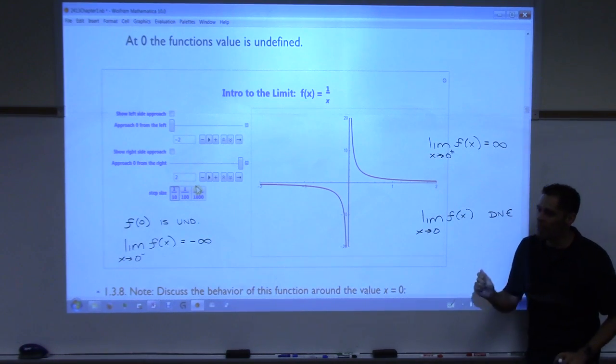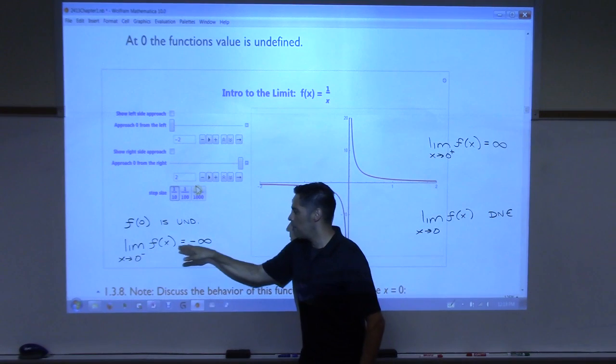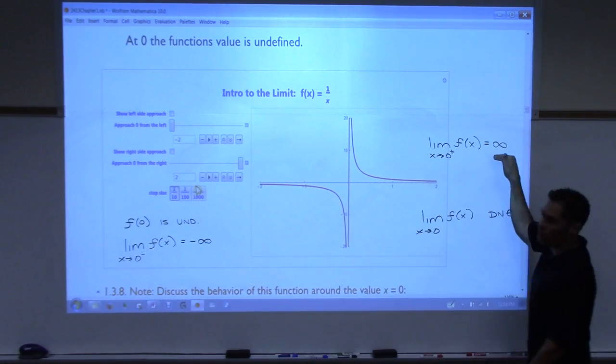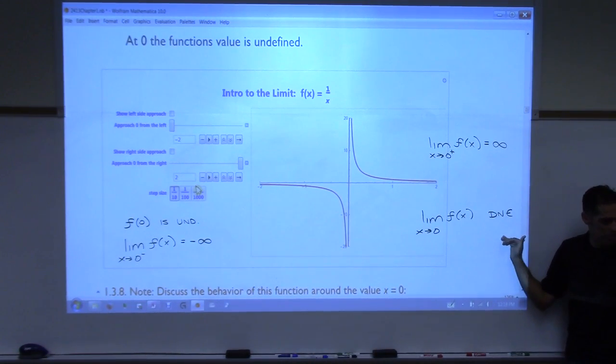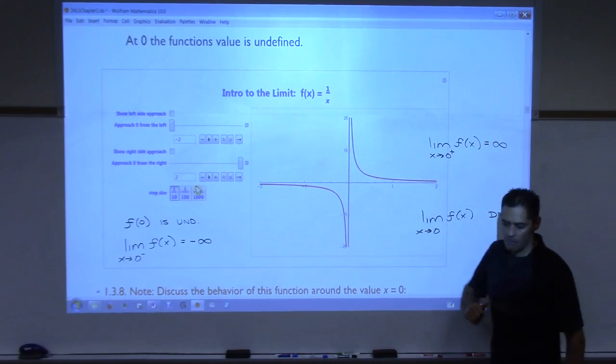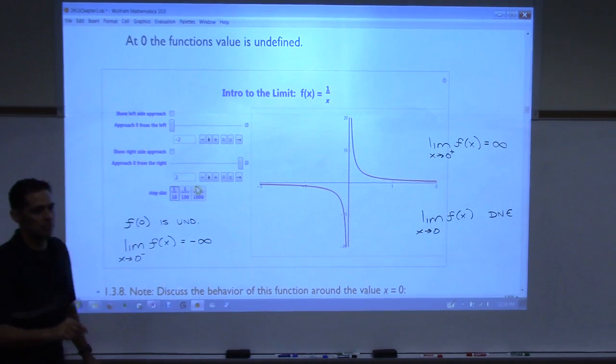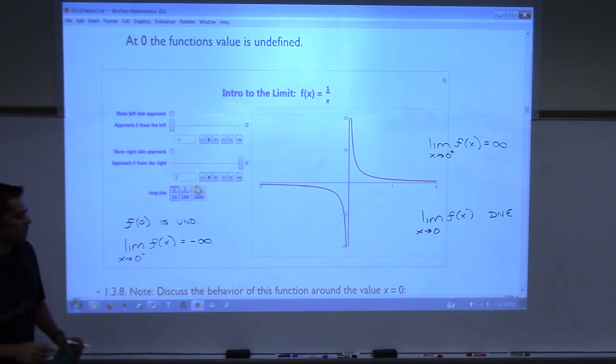They have to go to the same place. Now, if this had been left side approaches 2, right side approaches 2, then the answer here would be 2. What if the left side approaches -2, and the right side approaches +2? Does not exist. If they're going to their opposites, they have to go to the same exact value for the limit to exist.